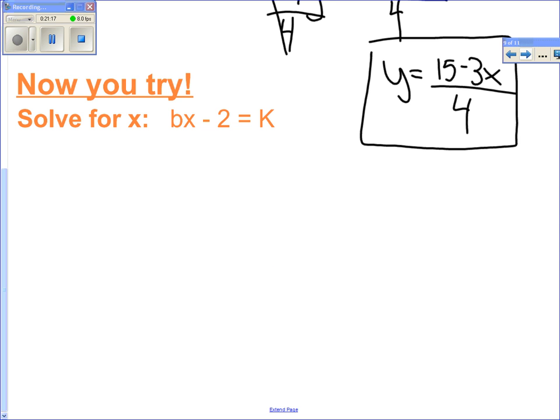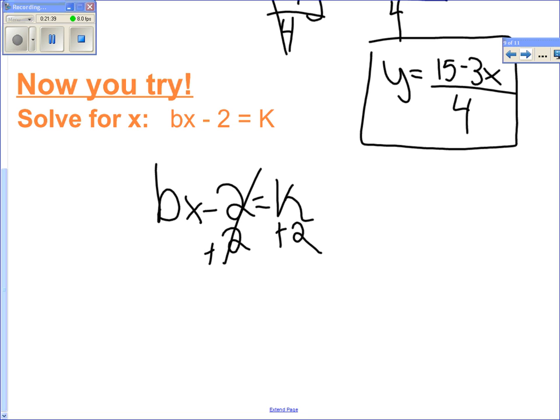All right, so here's another one for you to try. They want you to solve for x. So we have bx minus 2 is equal to k. So my question would be, what would be the first thing that I would do here? Well, remember, I have to get rid of anything that's being added or subtracted. So I'm going to first add the 2 to both sides.